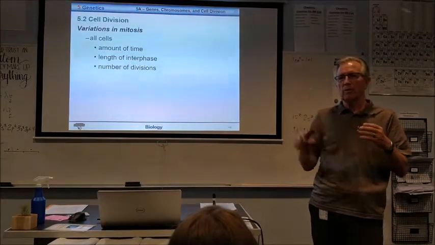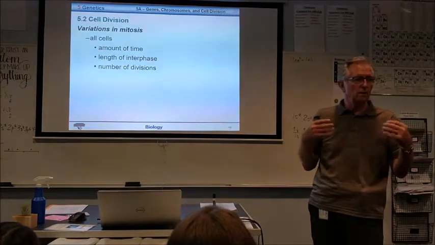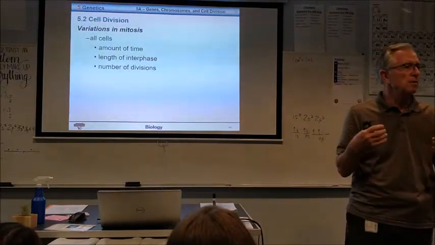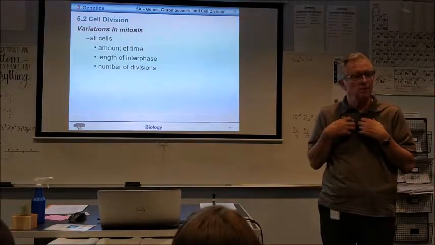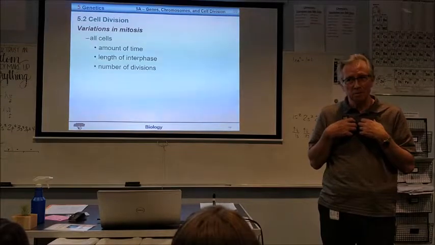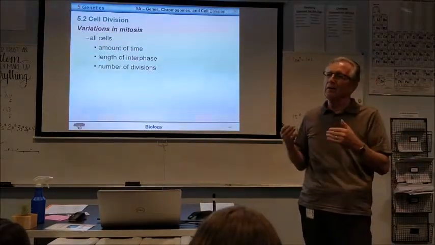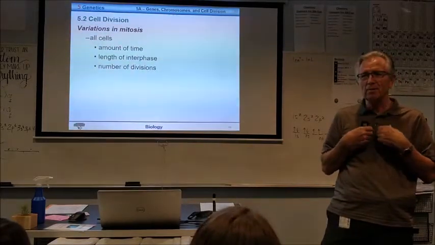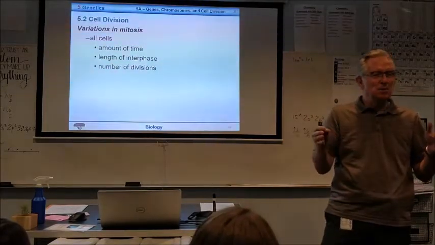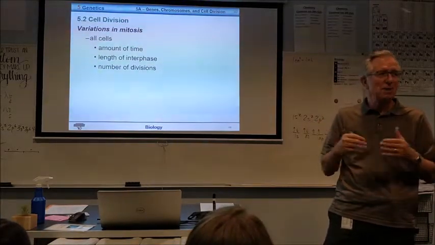And so they'll do it really fast, and the cells will multiply quickly, like in an aggressive form of cancer. Your cells don't usually multiply that fast. That's the reason why it's taken how many years to get you to this size, or your mom carried you in her womb for 9 months to make you big enough to be born, anywhere from 5-6 pounds up to 8-9 pounds, something like that.